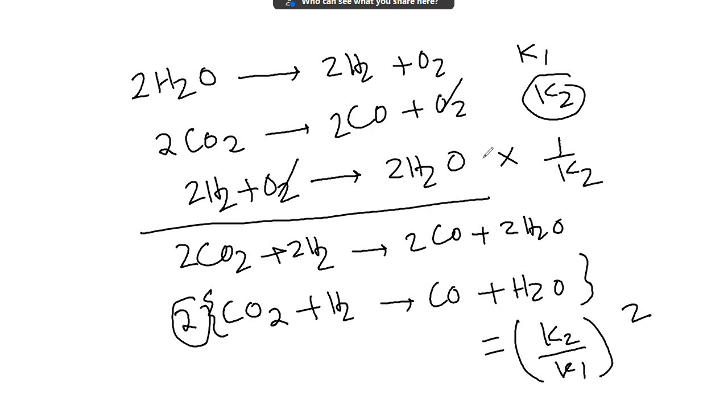So if I know the equilibrium constants of these equations, the equilibrium constant for the reaction obtained from the above two equations will be K2 by K1 squared, because the coefficient goes to the power. Is it clear?